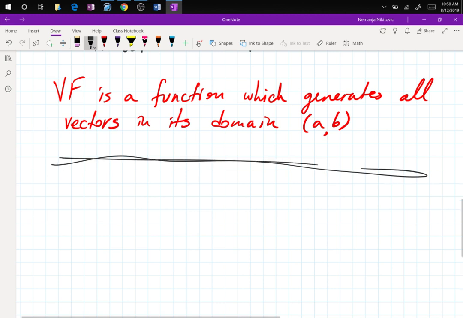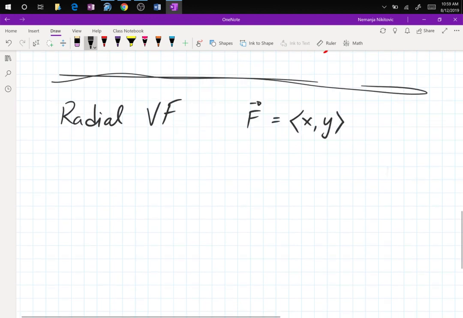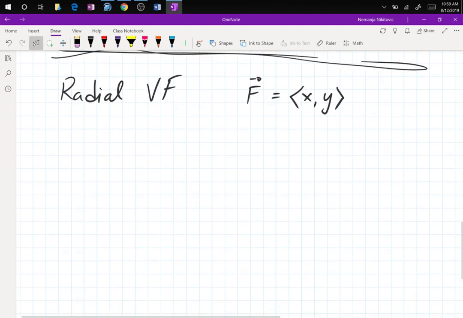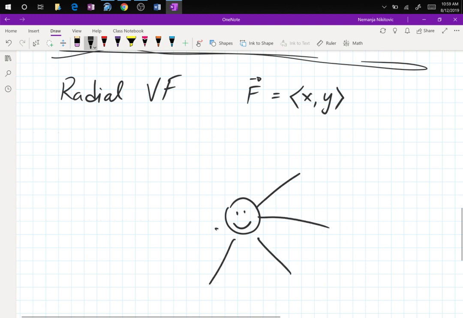One of the cool vector fields to consider is called the radial vector field. And that one is denoted with F equals, and I'll just put x and y. If you have a radial vector field, this one would look like, you know, when the kids draw the sun, so they draw the little face with a smiley, and then they put these rays going out like that.